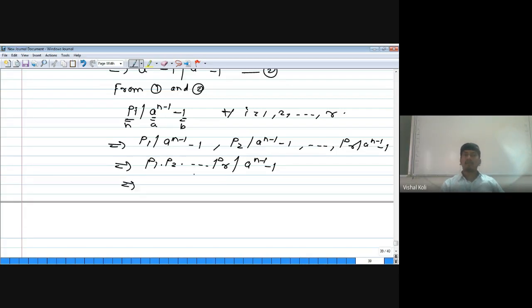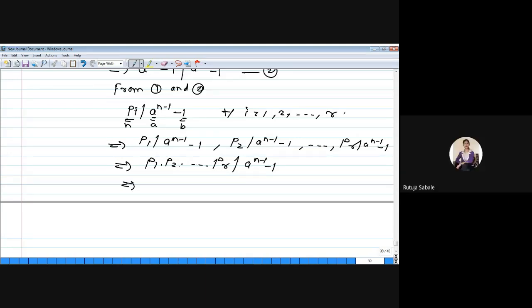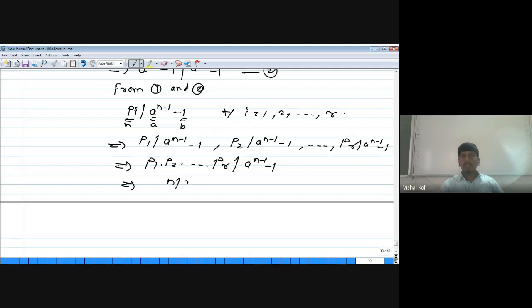But the product of these r primes is nothing but n, which implies n divides a to the power n minus 1 minus 1.